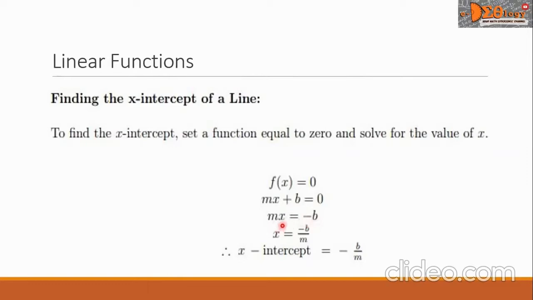Since we want to get x alone on the left side, we will divide this equation by m. So the m here will be cancelled out, only x comes down, and this is equal to negative b over m. So the x-intercept equals negative b over m. We may use this formula to get the x-intercept.